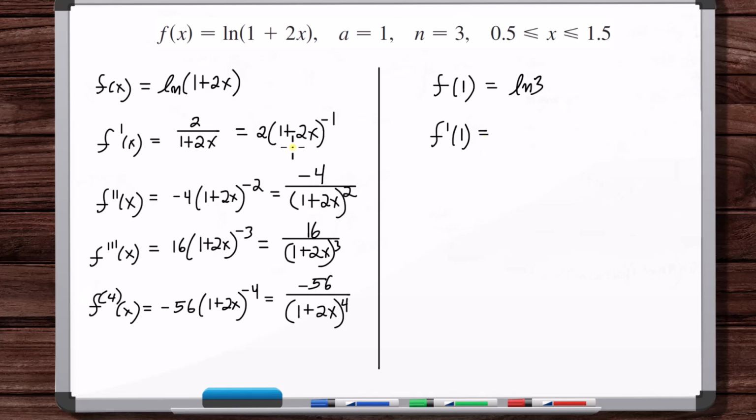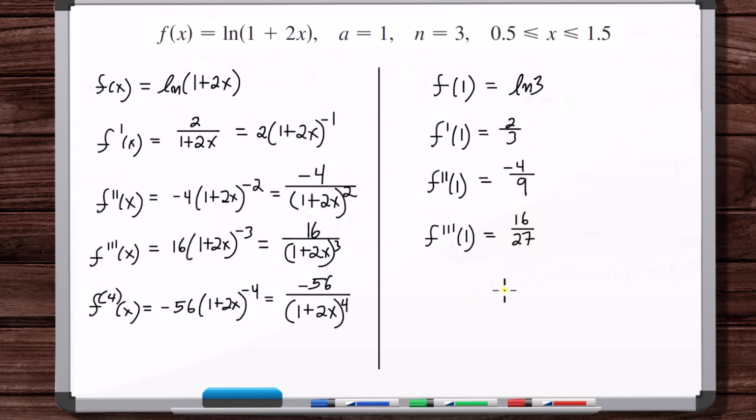We've got 2 over 3, so 2/3. 2 plus 1 is 3, 3 squared is 9, so minus 4/9. 3 cubed is 27, so 16 over 27. And we can't reduce this anymore.